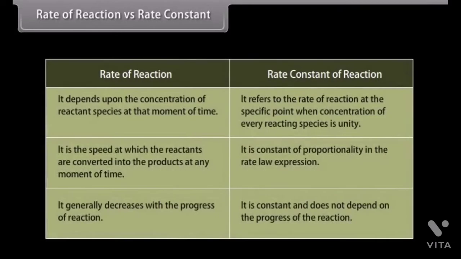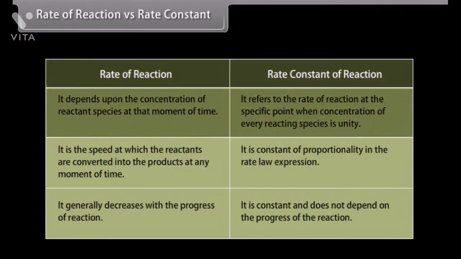Rate of reaction versus rate constant. The important differences between the rate of the reaction and the rate constant of the reaction are: the rate of reaction depends upon the concentration of reactant species at that moment of time, while the rate constant refers to the rate of reaction at the specific point when the concentration of every reacting species is unity.